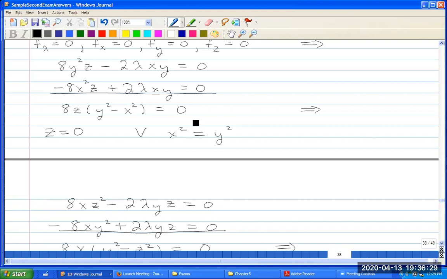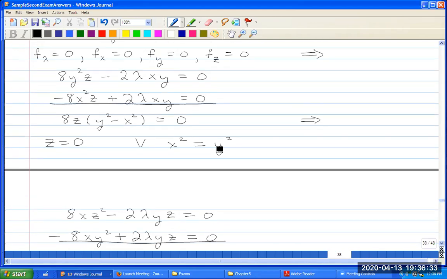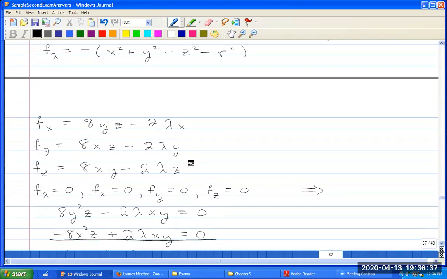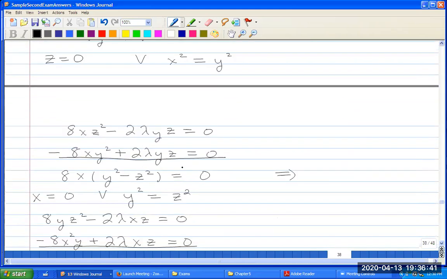Similarly, I've gotten to this point. I can multiply this by z and this by y. Then if I add, these cancel, and you get, again, factoring out your 8x, z squared minus y squared is 0.